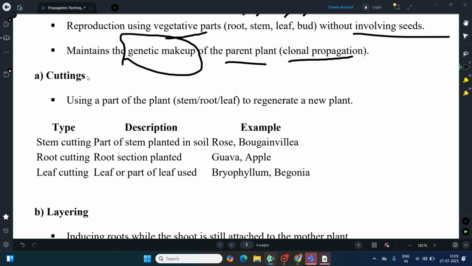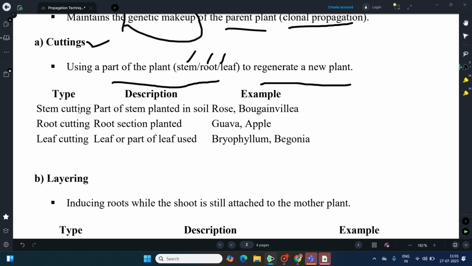The first one is cuttings. By using a part of the plant, the stem, root, or leaf, we will regenerate the new plant. And there are three types of cuttings. One is stem cutting, a part of the stem planted in soil for regenerative purposes.